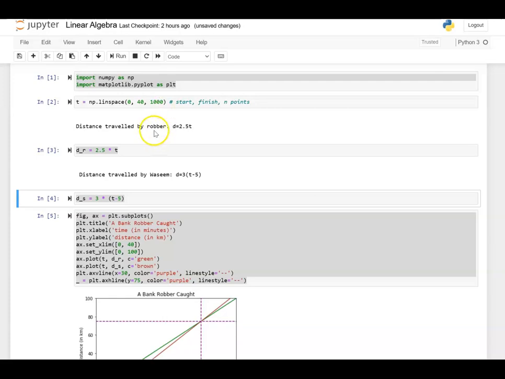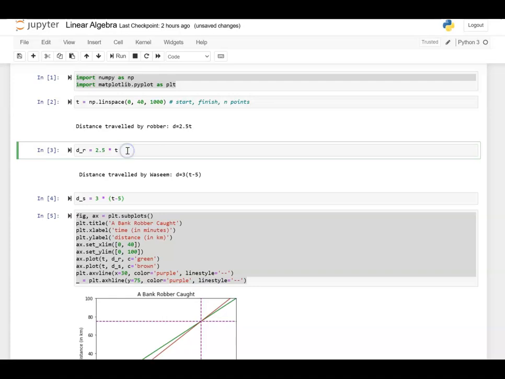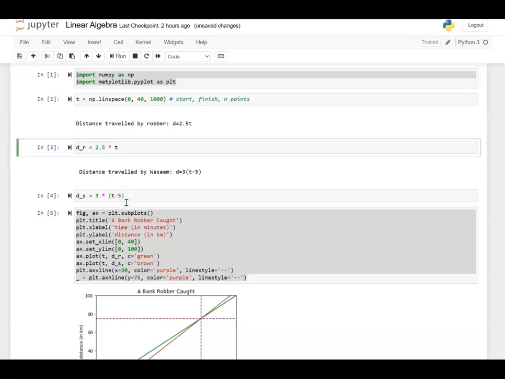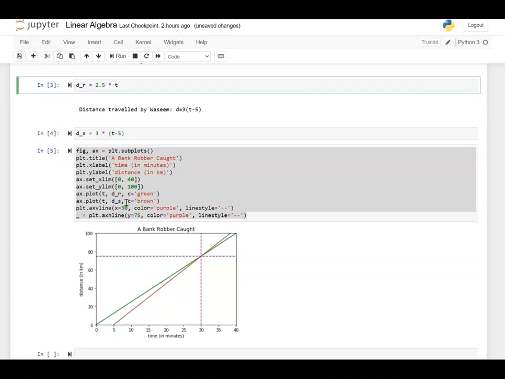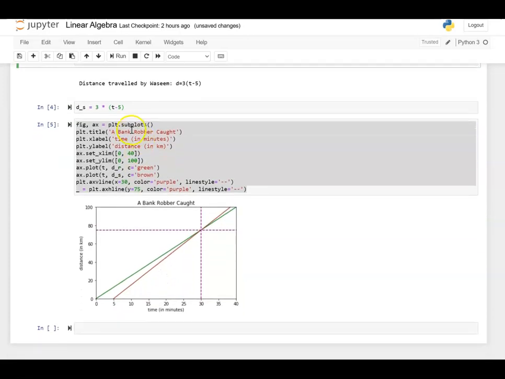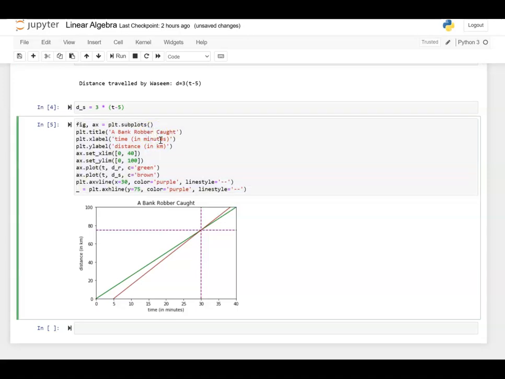And the distance traveled by the robber, here are these two equations, and the same is used here. So distance 2.5 into t, and here the distance 3 into t minus 5. And then to plot this, it has this axis, and the plot title, a bank robber caught, and this is time in minutes, my x label, my y label.